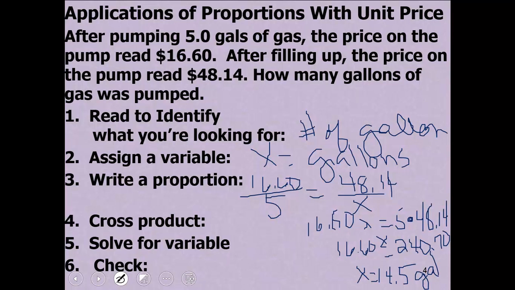Now, to check it, you would take 48.14 divided by 14.5.